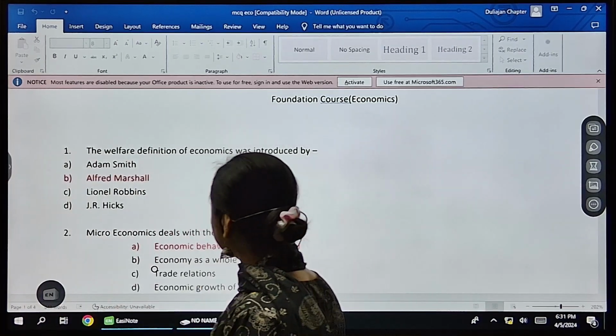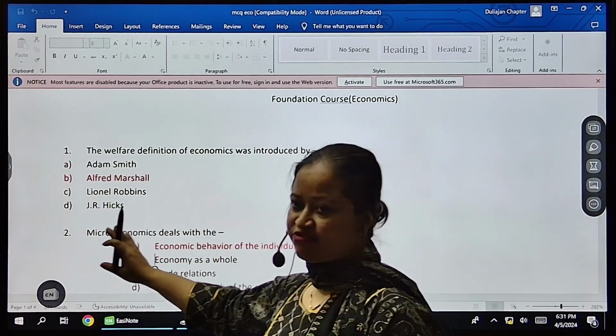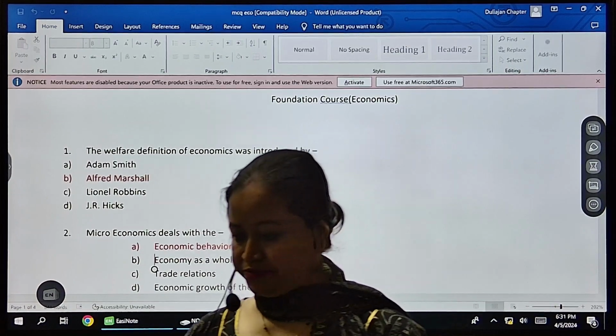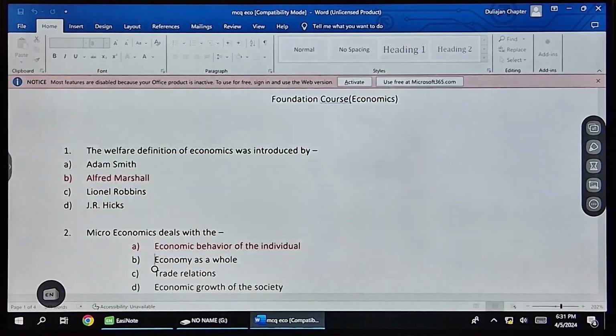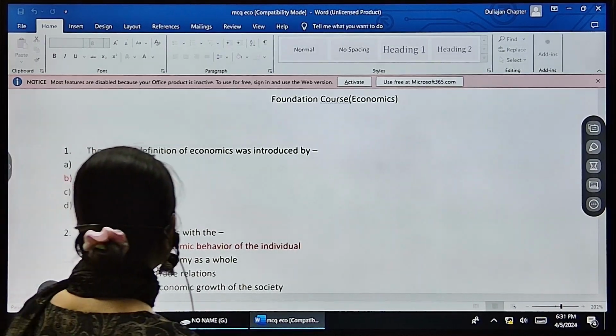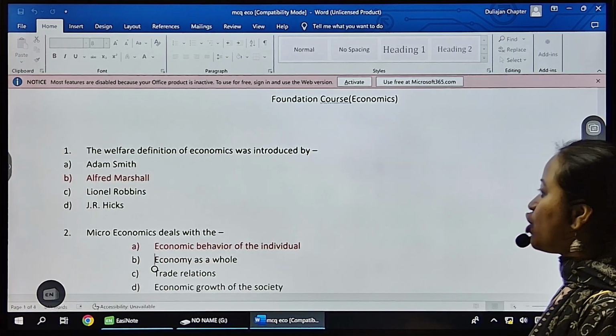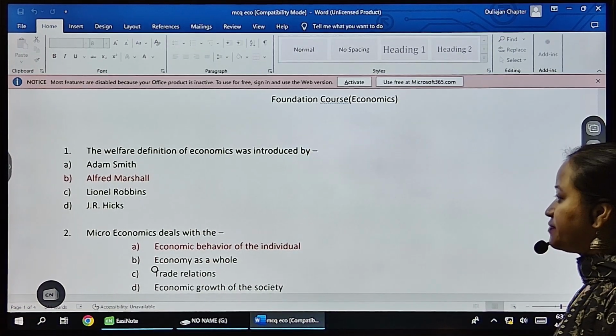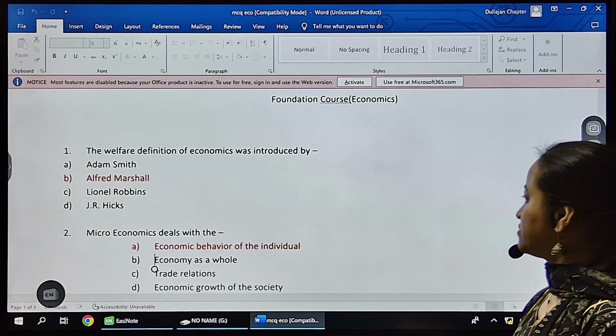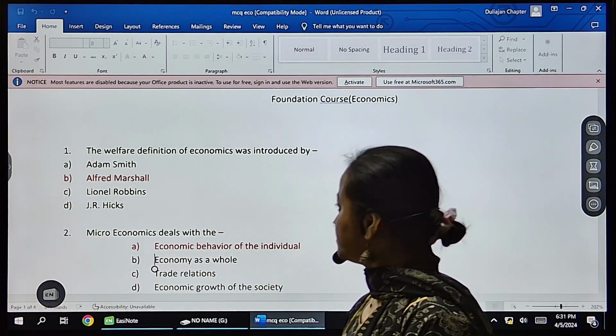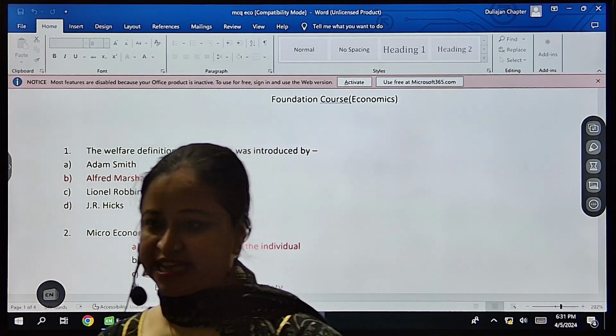Okay, so this is the last question I'm discussing with you. The welfare definition of economics was introduced by, so the options given here are Adam Smith, Alfred Marshall, Robbins, and J.R. Hicks. And you can also write the second question.